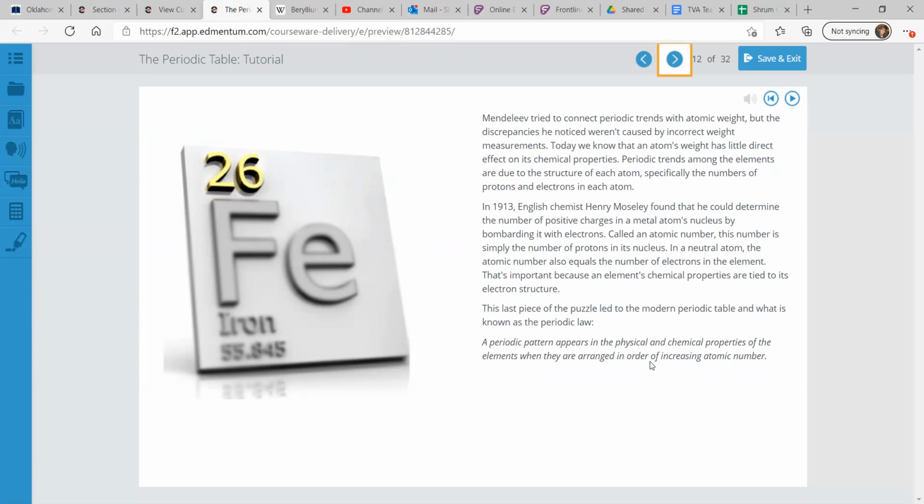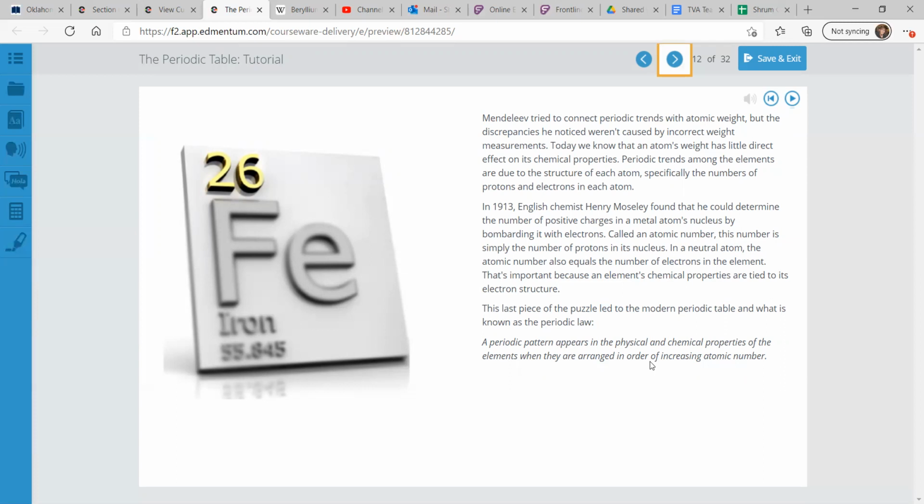In 1913, English chemist Henry Moseley found that he could determine the number of positive charges in a metal atom's nucleus by bombarding it with chemicals. Called an atomic number, this number is simply the number of protons in its nucleus. In a neutral atom, the atomic number also equals the number of electrons in the element.